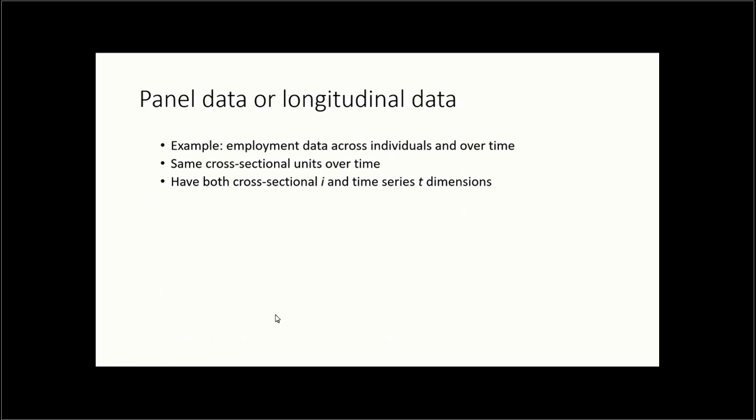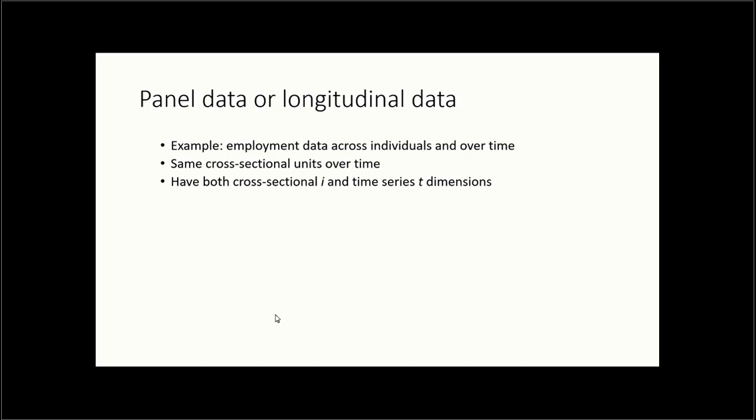And finally, we would have panel data, or also called longitudinal data. And for example, we can have employment data across individuals and over time. So for example, we can have the salaries of people across different years. This means same people followed over time, over years.